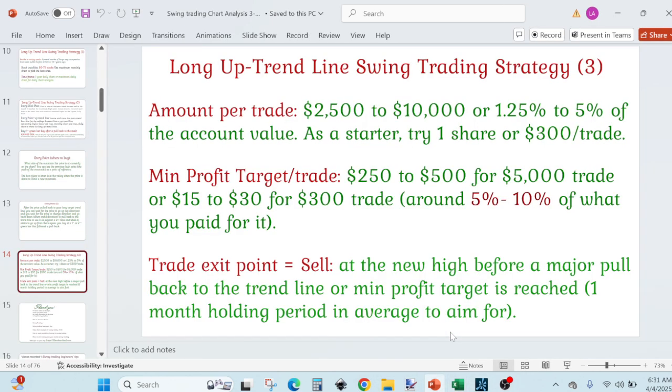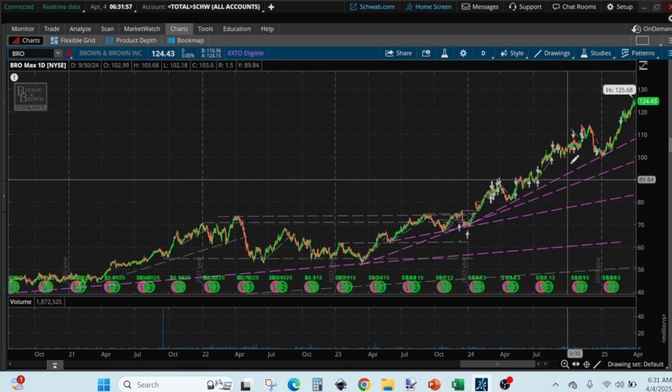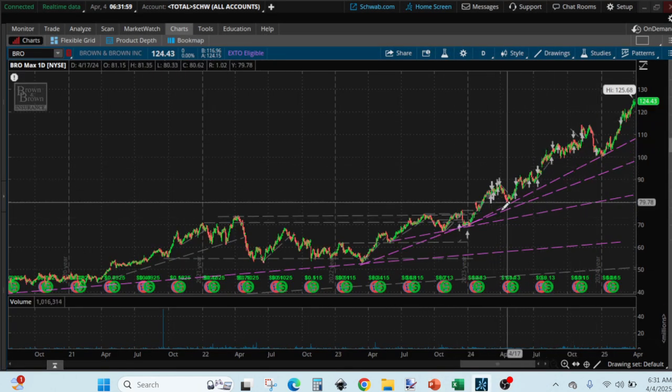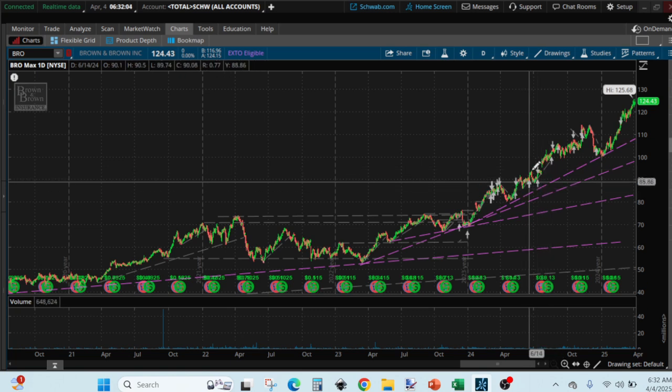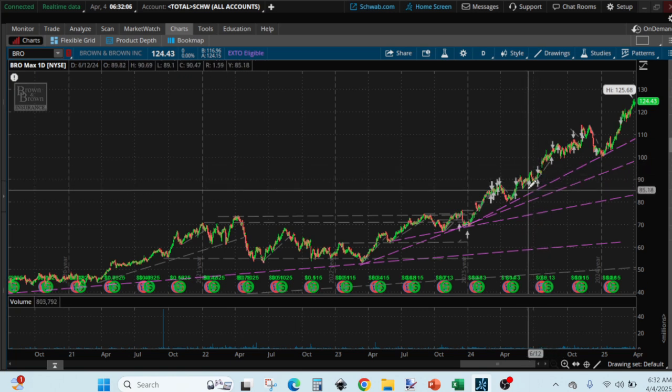Even last year, 2024, when I used the short uptrend and swing trading strategy, I traded quite a bit. You can even see this one, all those arrows are buys and sells within a short period of time, within each swing.